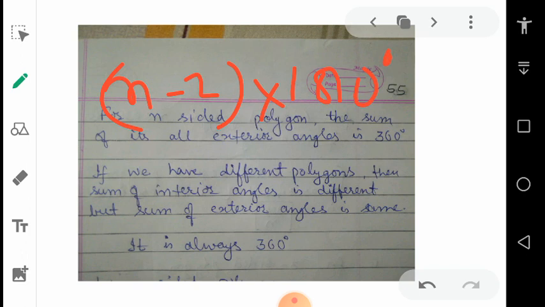Now in the last video I told you the sum of interior angles of a triangle is 180, of a quadrilateral is 360, for the pentagon it is 540, for hexagon it is 720, and so on.